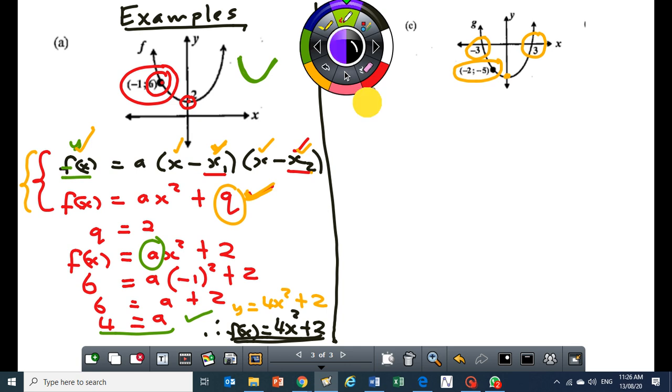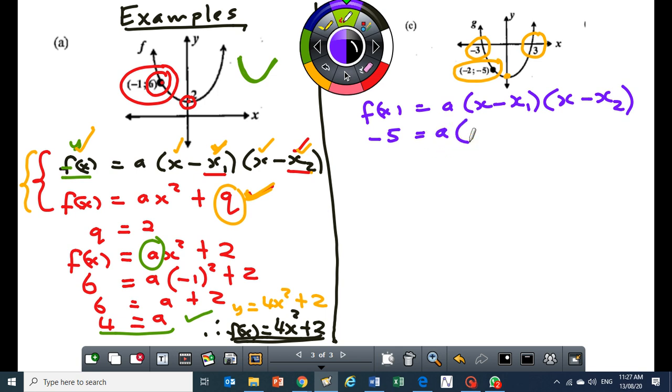So I'll write here f of x is equal to a times x minus x1 times x minus x2. Okay? Then, where there is f of x, I'll put minus 5. The objective is to determine the value of a first. In most of these questions, you have to find a first. So put my a. Where there is x here, I'll put minus 2.